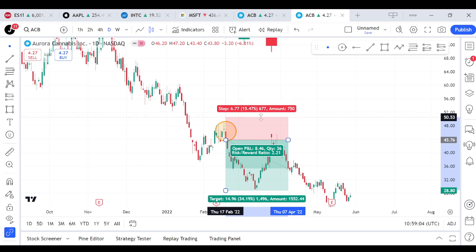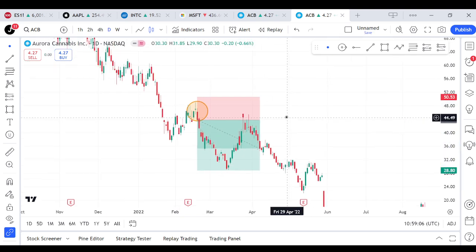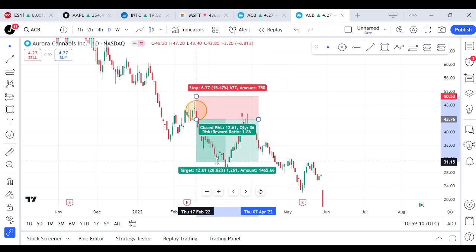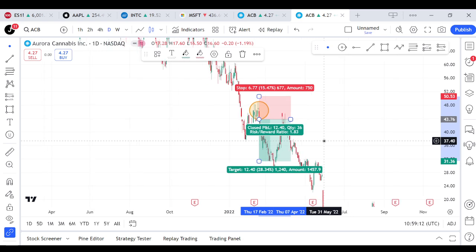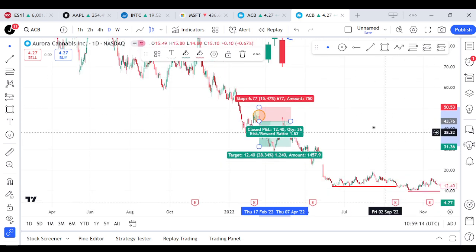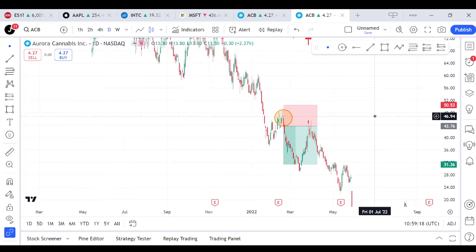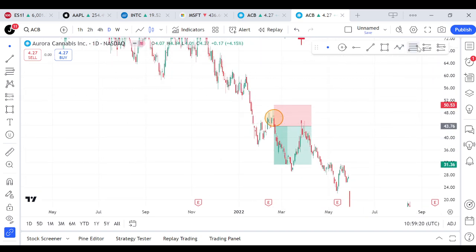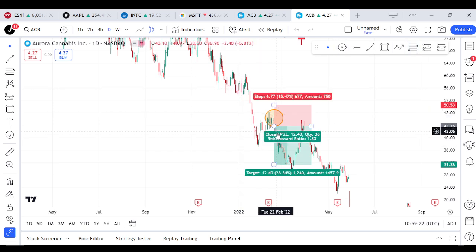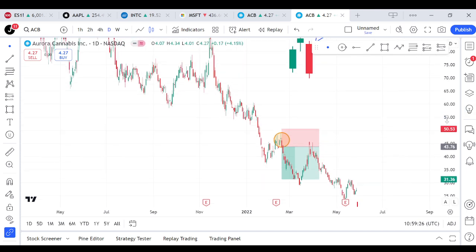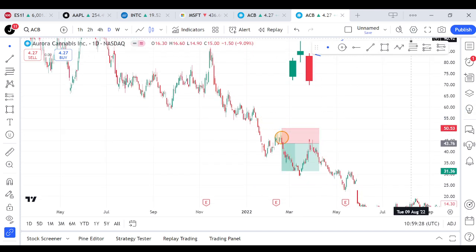Stop loss placements are above this, and I'll take profit at a fixed risk to reward ratio 1:2, or you could target support zones or support levels, significant support levels. So we are in a downtrend here, of course, and this was just used for continuation of this downtrend. So that is how I would have been able to enter this trade.